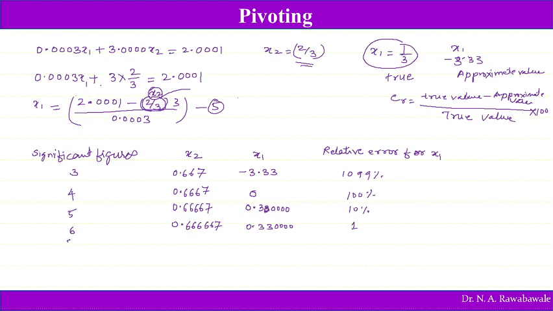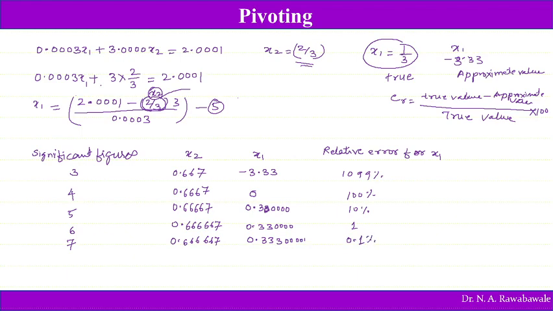And when we take it up to 7 significant figures, that is 0.6666667, then the x1 value is going to be 0.333, and this error is going to become 0.1%.